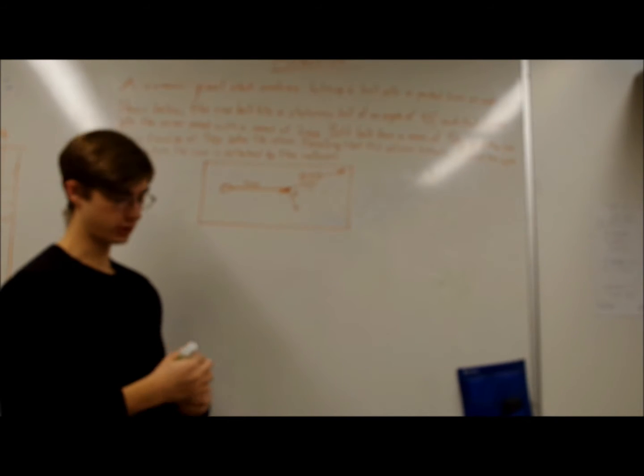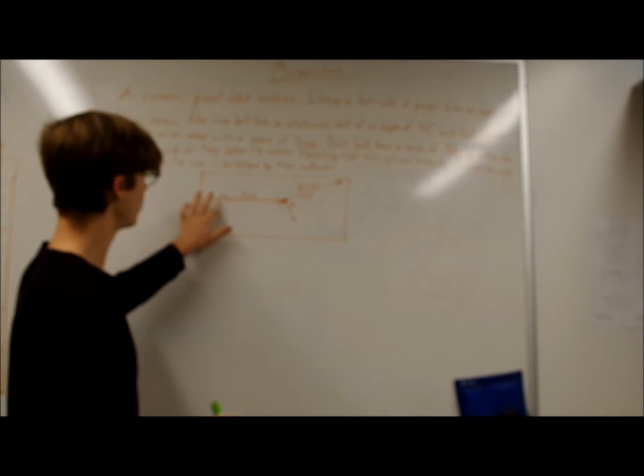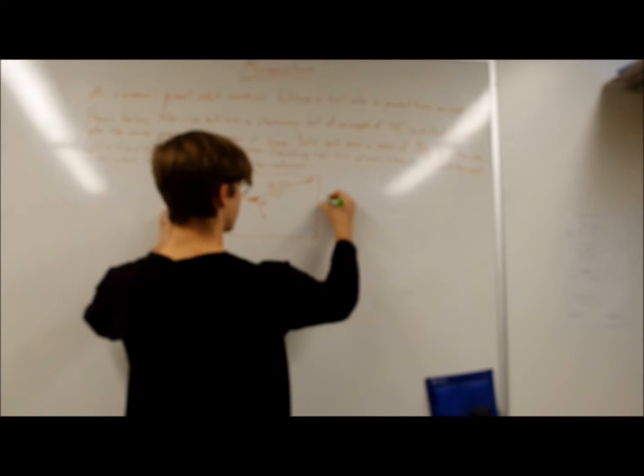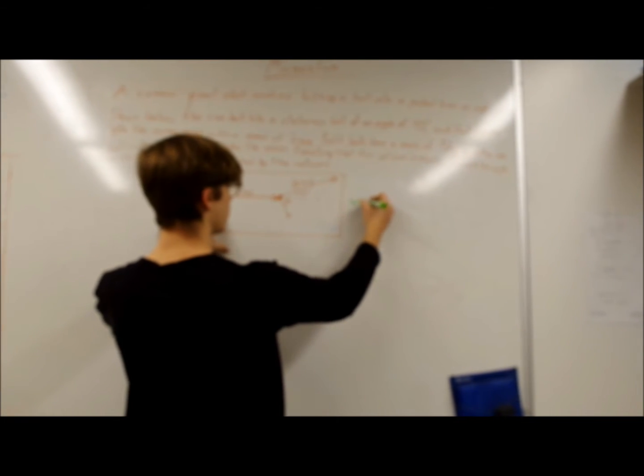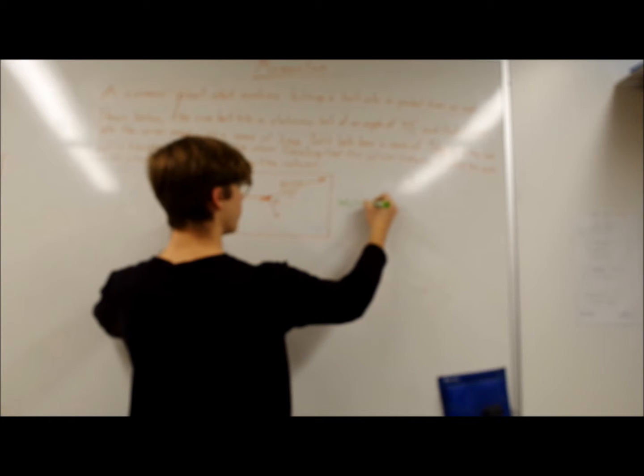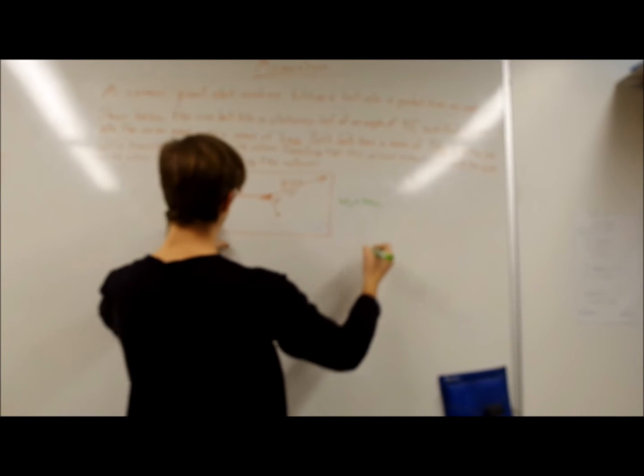But first, we are going to figure out what we know. So, we know that the initial velocity of ball number 1 is 4 meters per second.